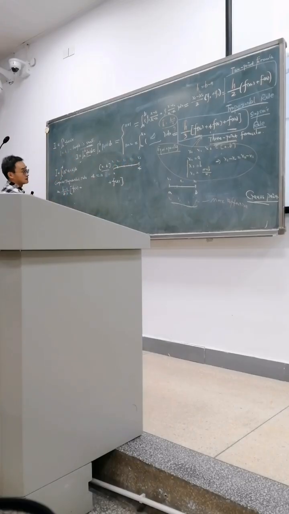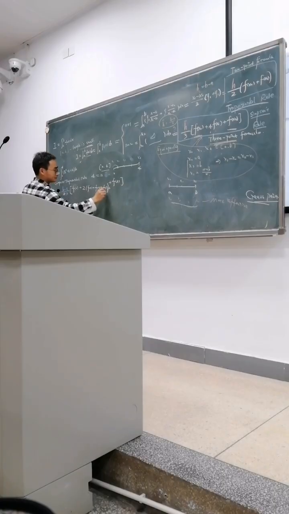So there should be 2 times f(x1) plus f(x2) plus f(x3), plus f(x4), right? You directly calculate this. b minus a is 4, n is 4. So you can calculate this one.